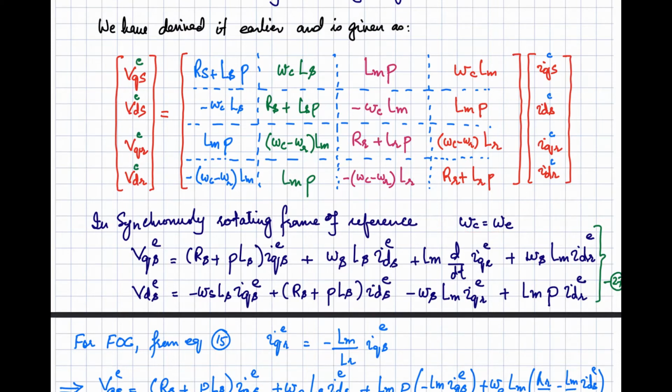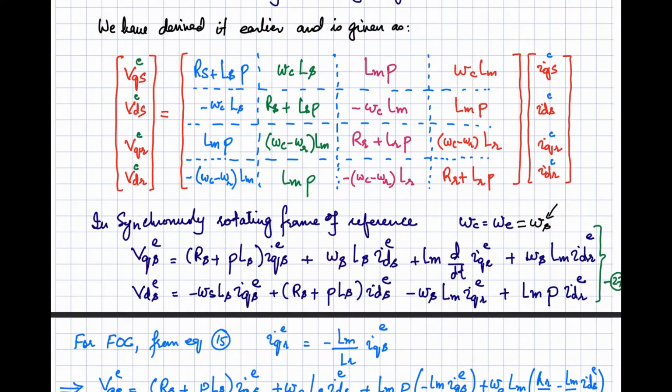So you can write down the stator side voltage equations like this. In this, we are going to replace omega c with the stator speed, so this omega e is equal to omega s. Over here, this s is representing the synchronous speed of your machine.